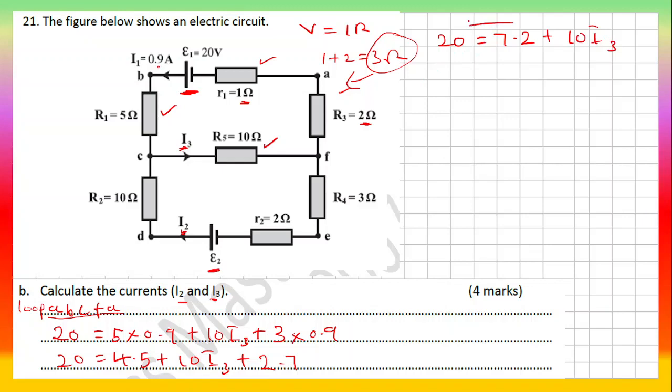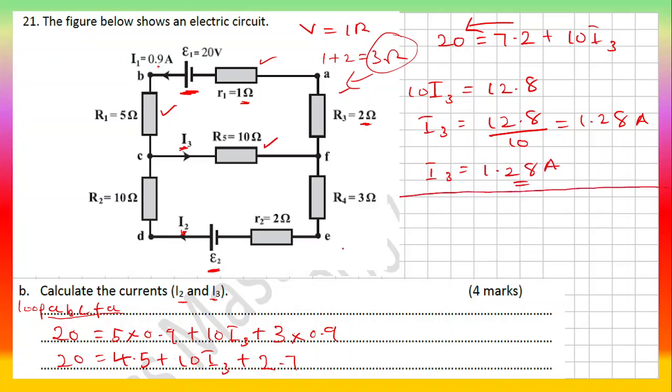The 7.2 crosses to the other side, so 10I3 is equal to 20 minus 7.2, and that is 12.8. So I3 will be equal to 12.8 divided by 10, which gives 1.28 amperes. So I3 is equal to 1.28 amperes.